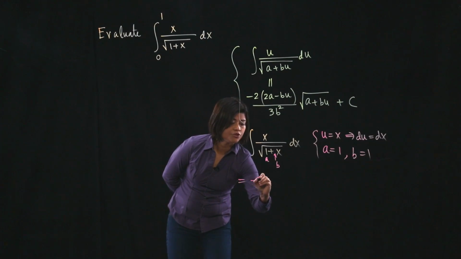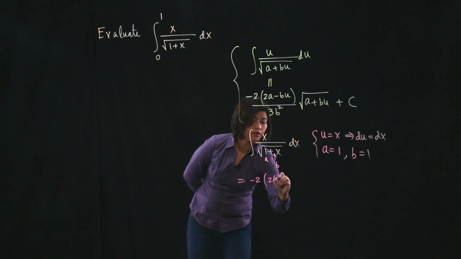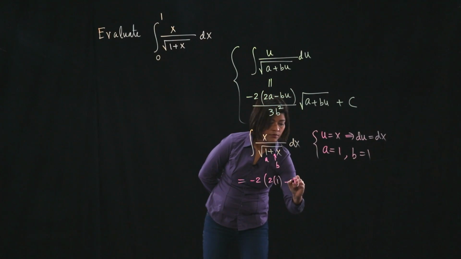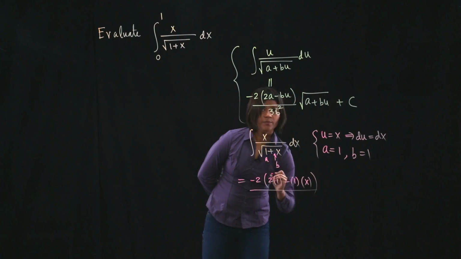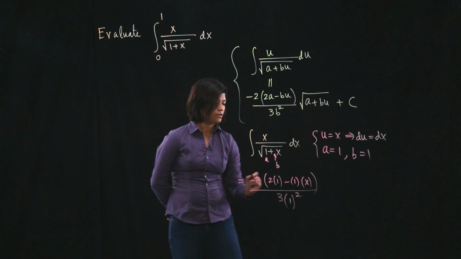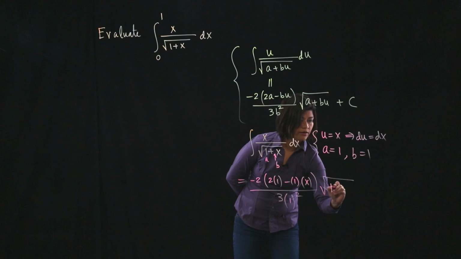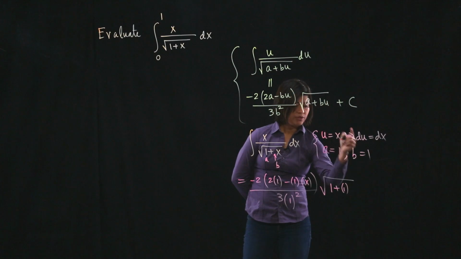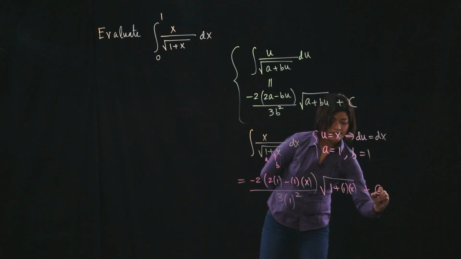We get negative 2 times 2a, a is 1, so 2 times 1, minus b times u, b is 1, times u is x, divided by 3b squared, b is 1 again, multiplied by the square root of a plus bu, a is 1, plus b is also 1, and u is x, and then plus c.